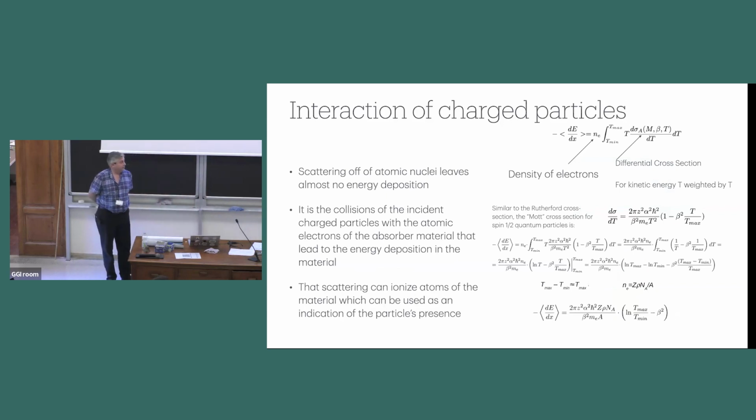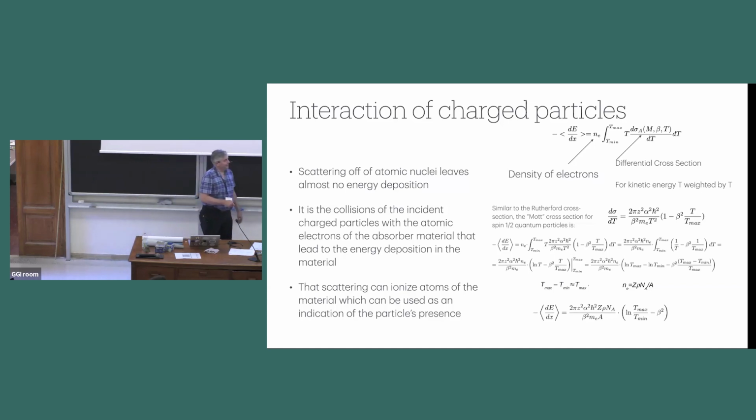Because those are lighter, and there is a larger probability of interacting with those as it goes through the detector. And so as the incident particle comes through, the electrons in the absorbing material lead to the energy loss. And as it scatters, it can ionize that material, which can be used as a measure of its existence.